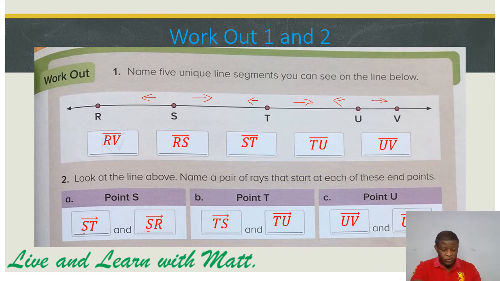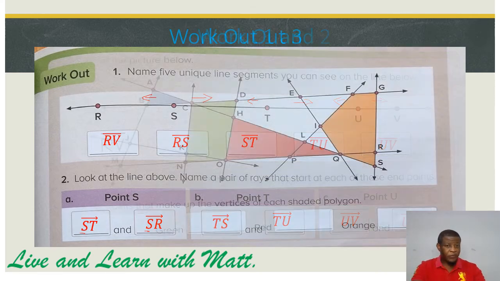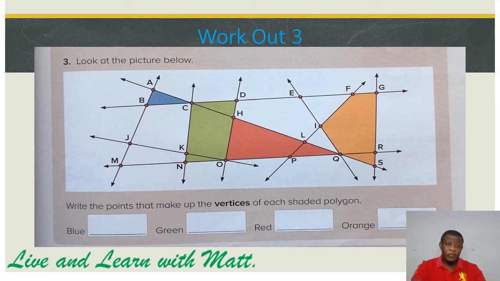Now let's go on to number 3. Look at the picture below. Write the points that make up the vertices of each shaded polygon. So for blue, what are the points that make up the blue shape?